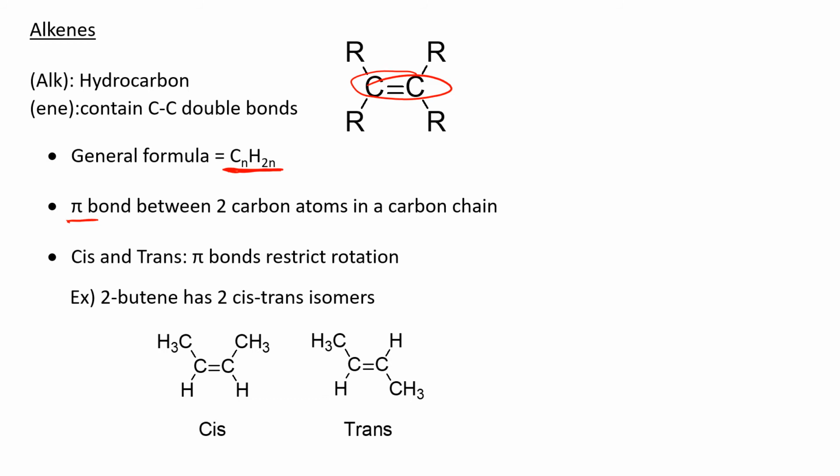There are 2 types of alkenes that we'll be discussing this semester, cis and trans alkenes. If you recall when we talked about pi bonds, they do not rotate. They restrict the rotation. So alkenes have their groups locked into place. We have cis, where the non-hydrogen groups are on the same side, and trans, you can see our non-hydrogen groups are on opposite sides.